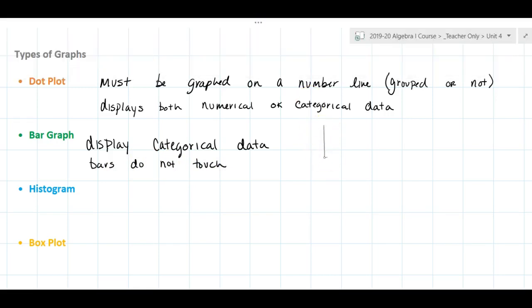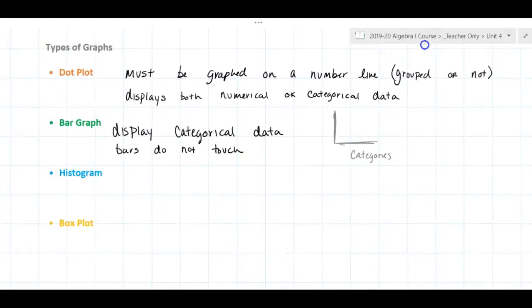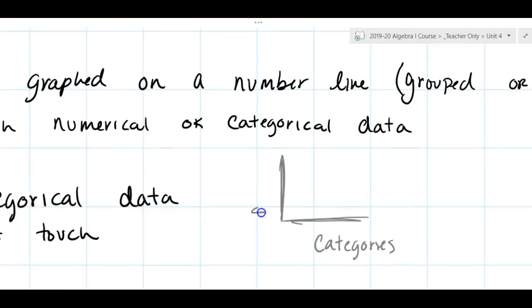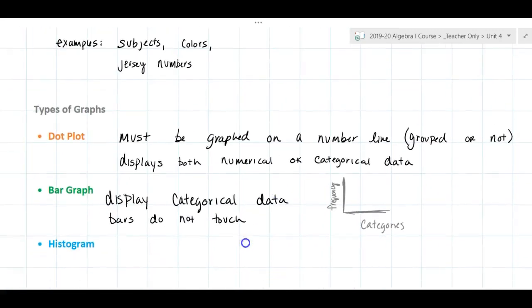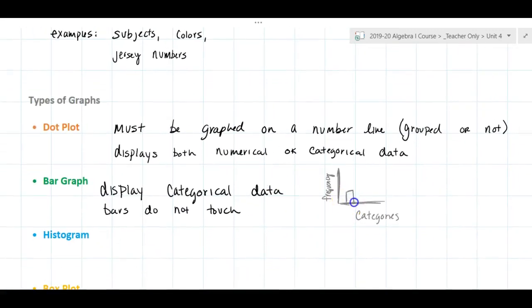So in a bar graph, we have the categories along the horizontal axis, and we have the frequency, number of, along the y-axis. And the bars should not touch.